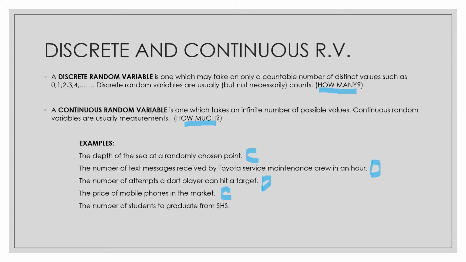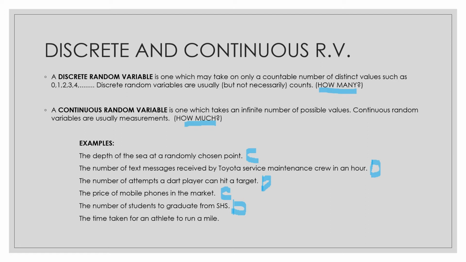And then we also have here the number of students to graduate from senior high school. Again, for students, we count students. So this is discrete. We do not measure students, right? We count them. How many of you are going to graduate? So that is discrete. And then we have here the time taken for an athlete to run a mile.